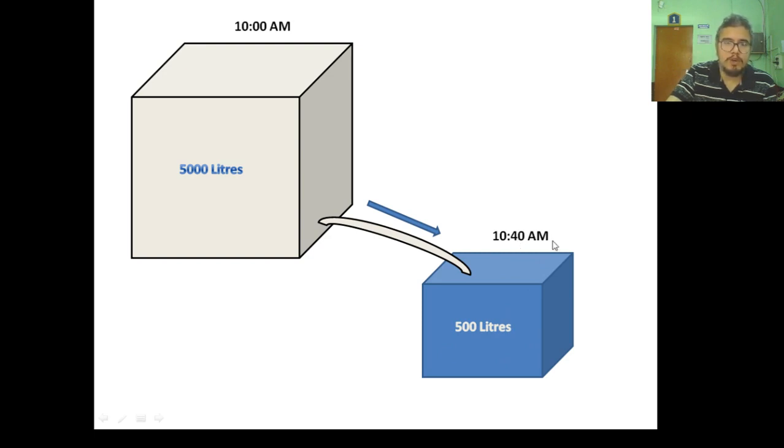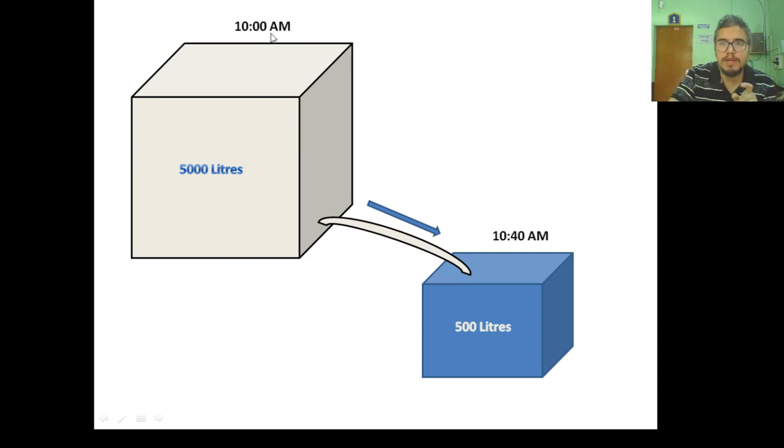that is 500 liters, at 10:40 a.m. When we are asked what is the capacity or what is the storage of the bigger tank at 10 a.m., what is the stock of water at 10 a.m. in the bigger tank, then it becomes a stock concept, because we are mentioning a particular point of time.